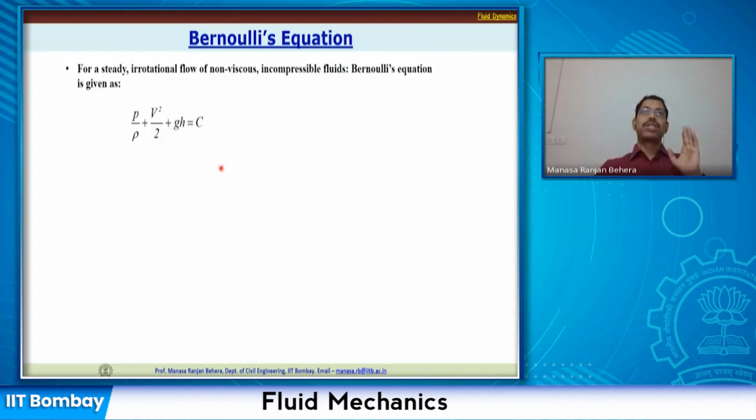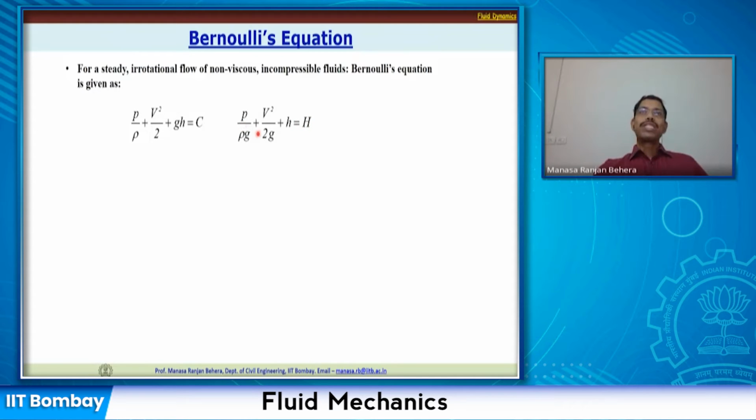It's going to be constant. So in other words, we can divide by g at all the places and write P/ρg + V²/2g + h = constant.